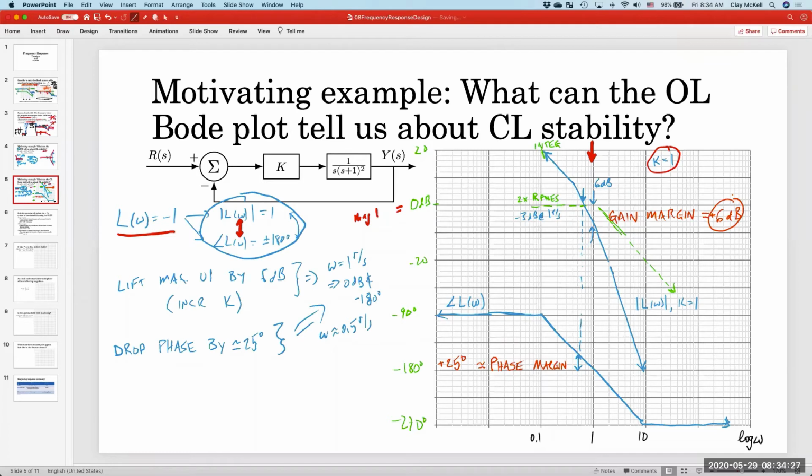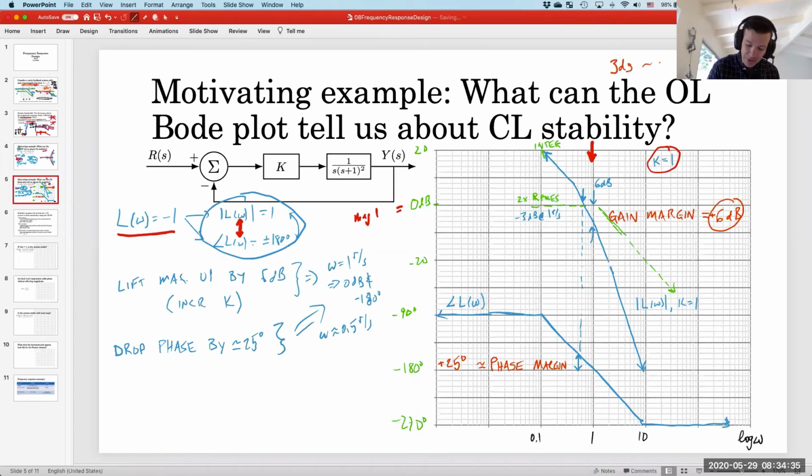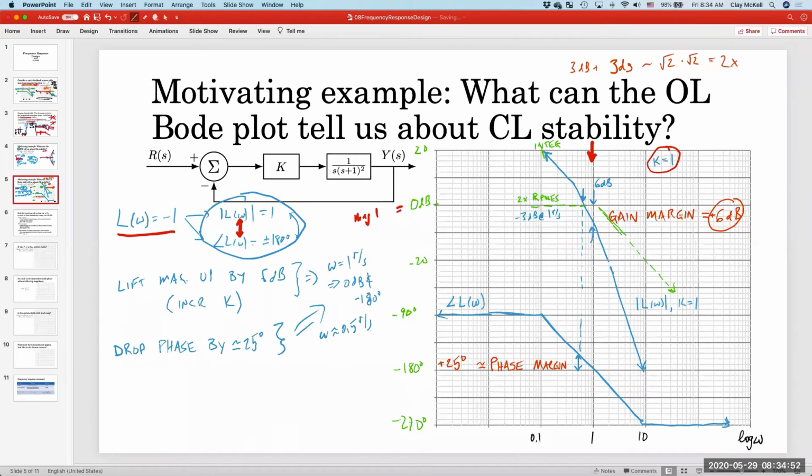Is it 40? No, 40 is a good guess, but remember that 3 dBs corresponds to square root of 2. And so if I do 2 3 dB gains, that means multiplying by square root of 2 twice, which means we're multiplying by 2.